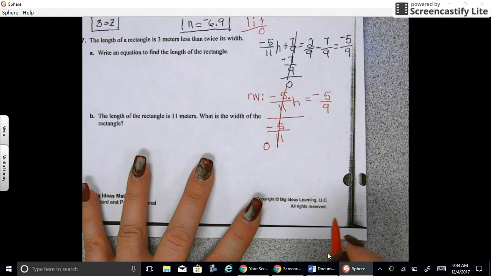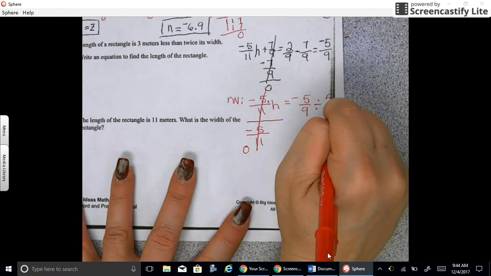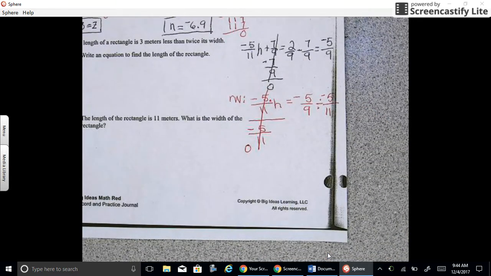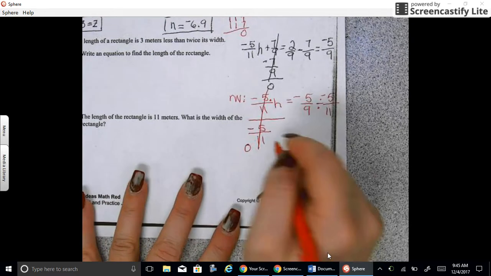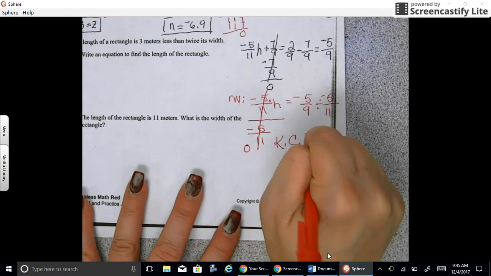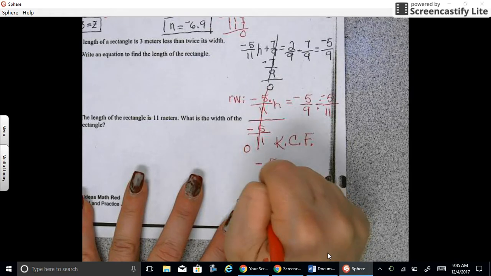And what I do on one side, I have to do on the other. Can I divide fractions? No. It's called keep, change, flip. That's right. So keep, change, flip gives me, I'm keeping the negative 5/9.